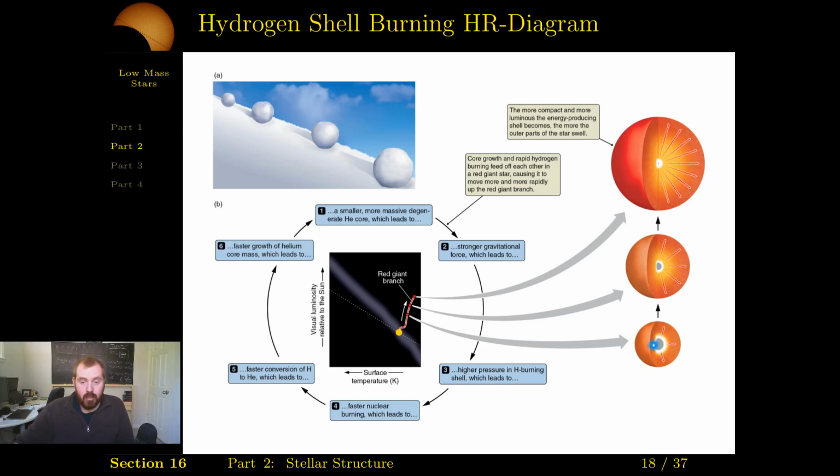Because remember, there's that hydrogen burning shell. That shell is converting hydrogen into helium, and that helium is being dumped onto the inner core. And so the dumping onto that inner core now starts to fuel this. The star continues to swell in size, turning into a bigger and bigger red giant.